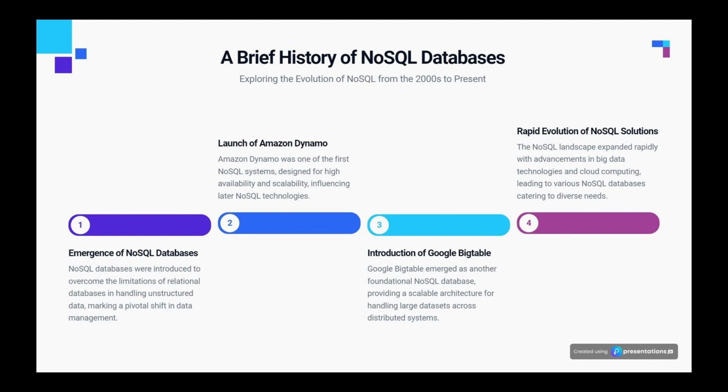Then Google Bigtable emerged as another foundational NoSQL database, providing a scalable architecture for handling large datasets across distributed systems. Then, the NoSQL landscape expanded rapidly with advancements in big data technologies and cloud computing, leading to various NoSQL databases catering to diverse needs.